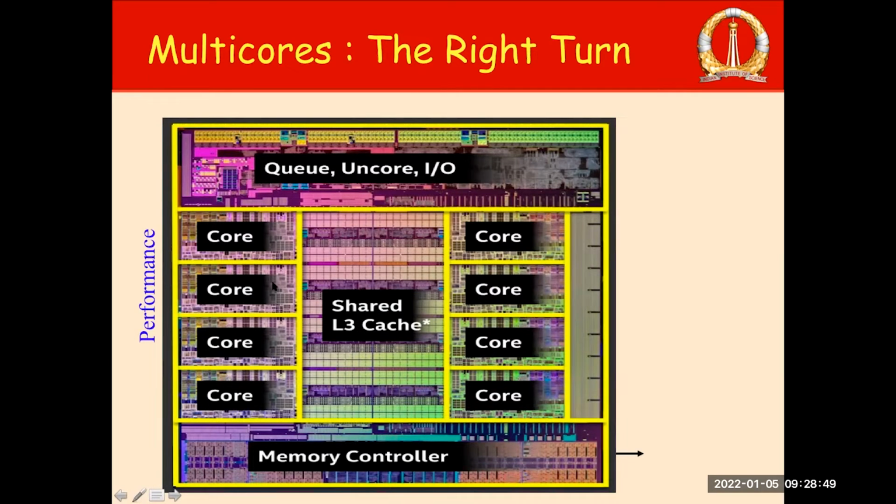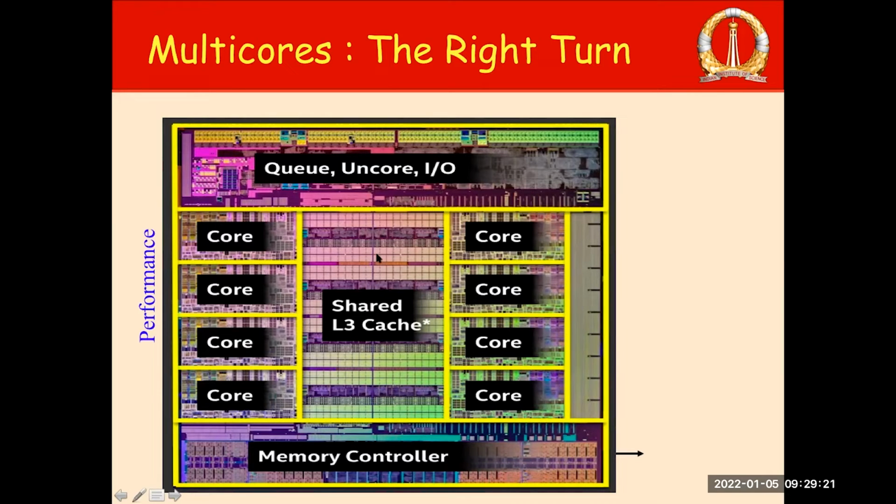So like that, you have multiple cores. And in addition to these multiple cores, within each core, you also have its own L1 cache, L1 instruction cache, L1 data cache, and so on. And some architectures even supported a private L2 cache within each core. In addition, you also have what is called a shared L3 cache, which is shared across all the processor cores.